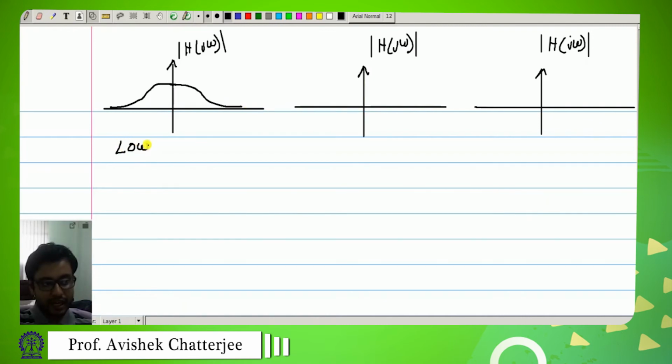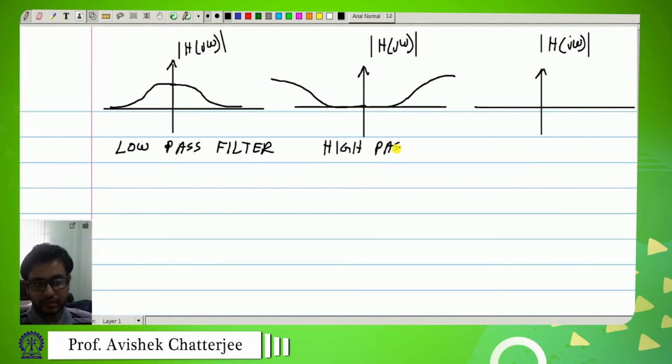Then we call it a low pass filter, which passes low frequency from input to output and blocks high frequencies. Then if you have a system whose magnitude response looks like this, we call that high pass filter, because it allows high frequencies to pass from input to output and it blocks low frequencies.